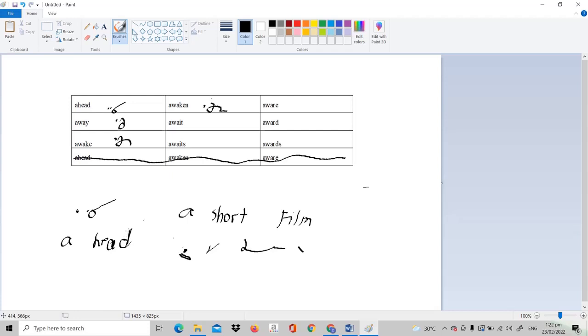Then, ibang word na yan. Iba na yung meaning yan dun sa ahead. Okay? Parang dito sa baba, a head would be like isang ulo. While in ahead, dun sa harap or nauna. 'Di ba? Nauna. Ahead of time. Nauna sa oras. Ganyan. Okay? Very different dito sa a head na ito wherein ang tinutukoy is isang ulo.